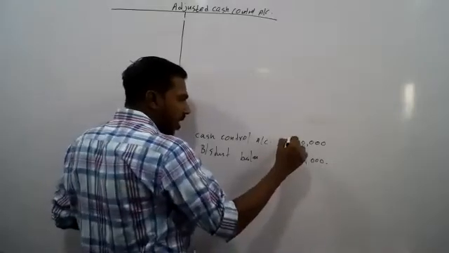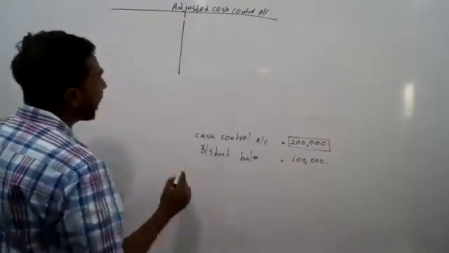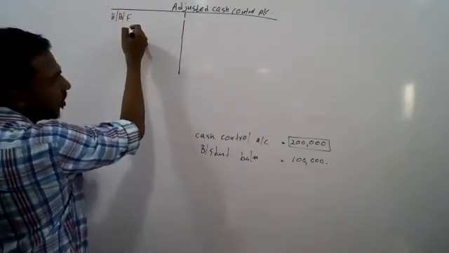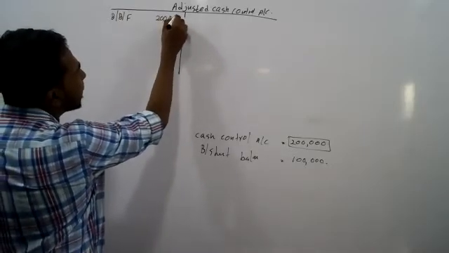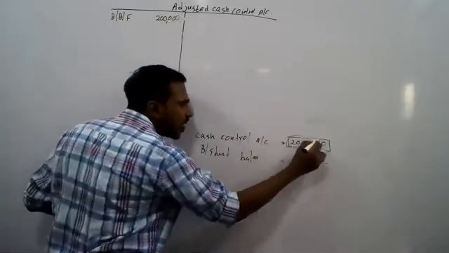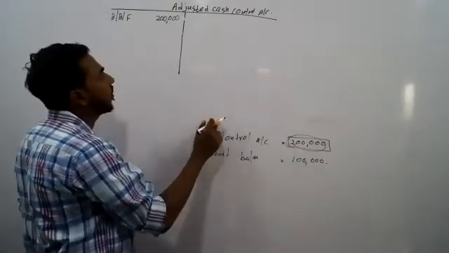You take this cash control account balance as the opening balance. So the BBF here should be how much? 200, because this is the balance that appeared there. This is the wrong, incorrect balance.